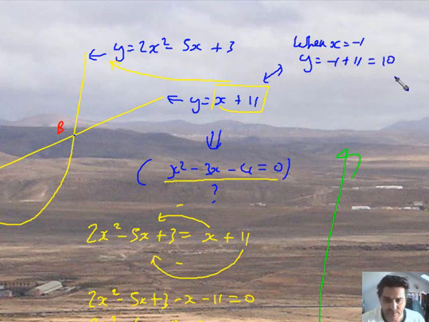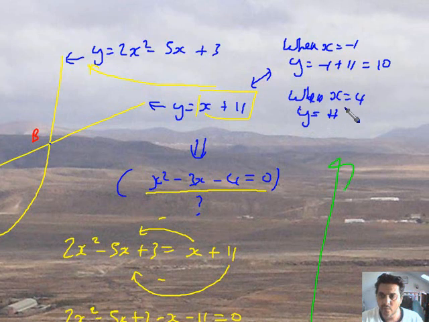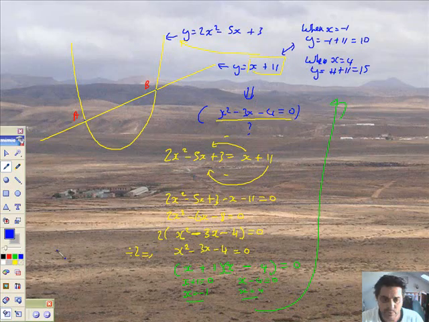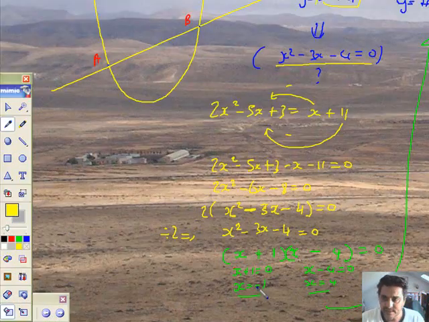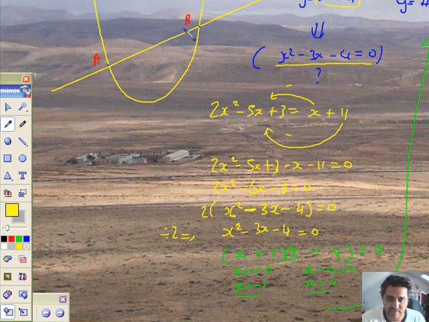So the coordinate for A, let's just do one at a time anyway, and when x equals 4, y equals 4 plus 11, which is 15. So I've got 2 coordinates there. I've got the coordinate minus 1, 10, which is probably that one because it's lower down than that one, which is 4, 15.